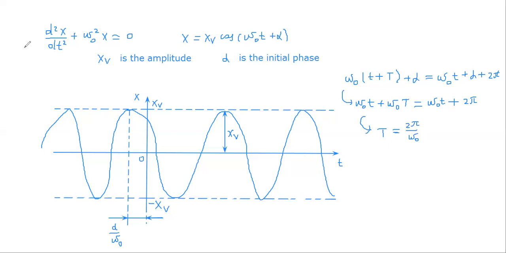So the period of oscillations T is equal to 2π divided by the natural angular velocity, or natural circular velocity.